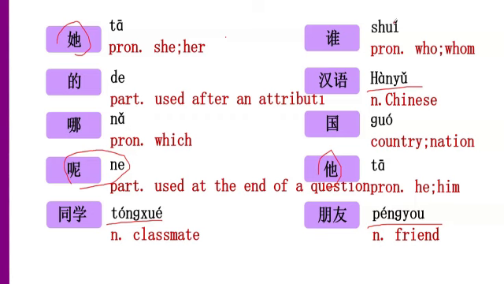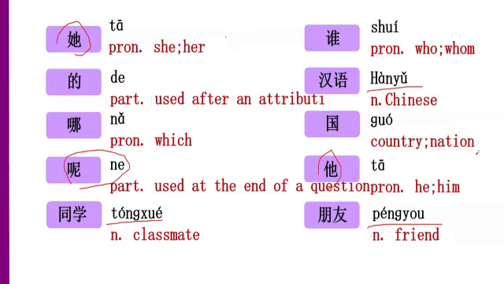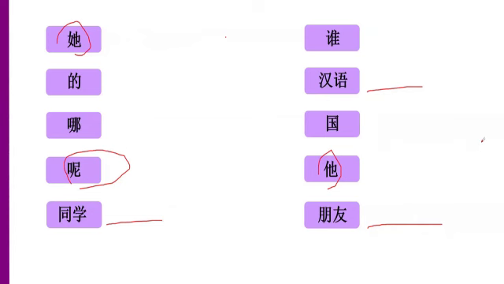Now let's see if you have memorized these new words. So how to speak Chinese in Chinese? We are learning Chinese. 汉语. Hanyu, right, very good. Next, which, 哪, Na. Very good. He or him, 他, Ta. Yes, right.